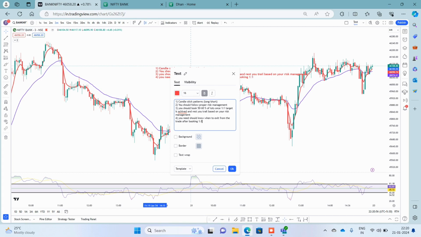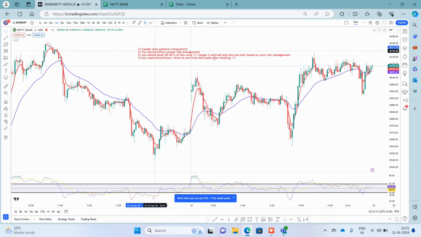After booking 1:1 quantity, you should also know when to exit from the trade. So these are the four conditions that we need to apply when using this strategy. We'll be looking at all these four conditions when we are testing the strategy now on Nifty Bank.